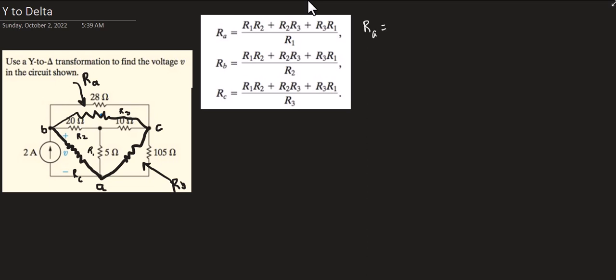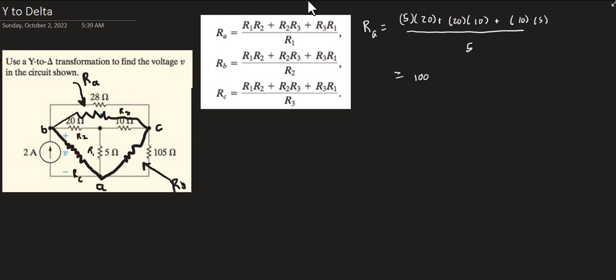RA equals R1 times R2 plus R2 times R3 plus R3 times R1, over R1.